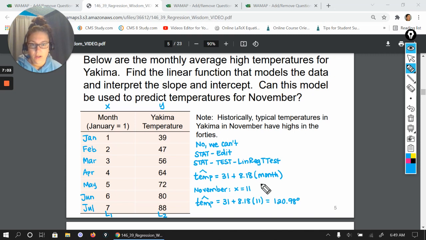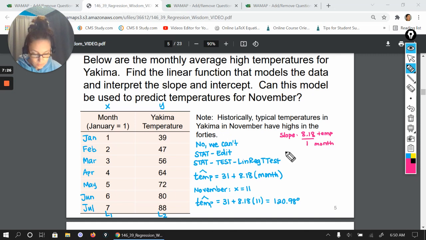So if we were to interpret the slope and the y-intercept here, the slope is 8.18, and we can make that into a fraction by putting it over 1. So the top number is the temperature, and the bottom number is the month.